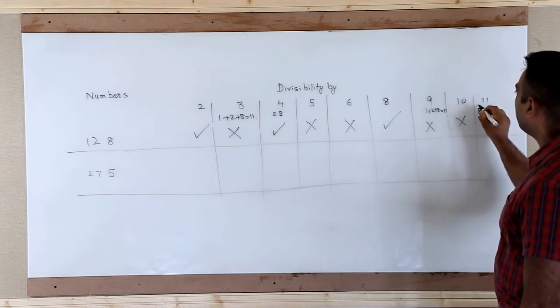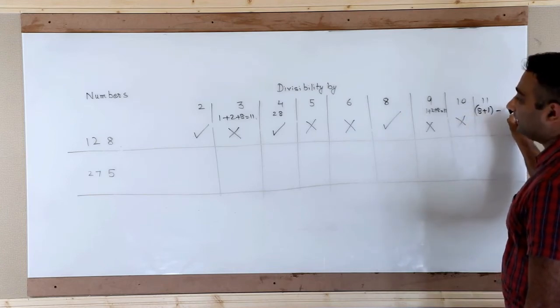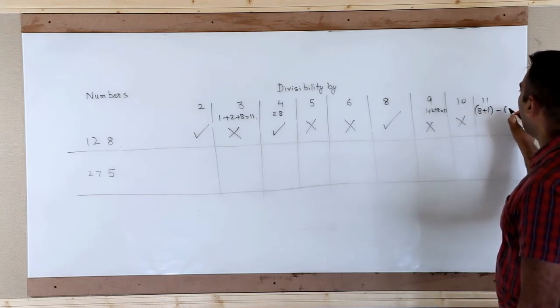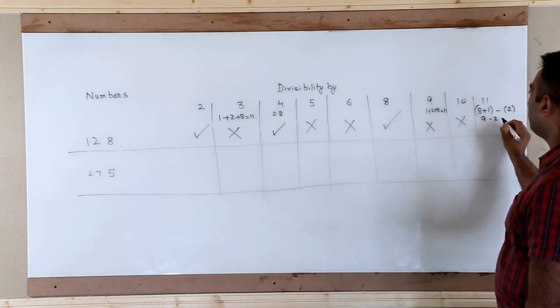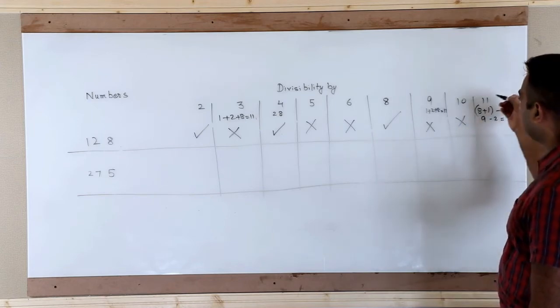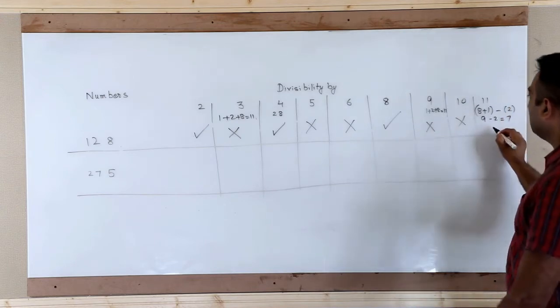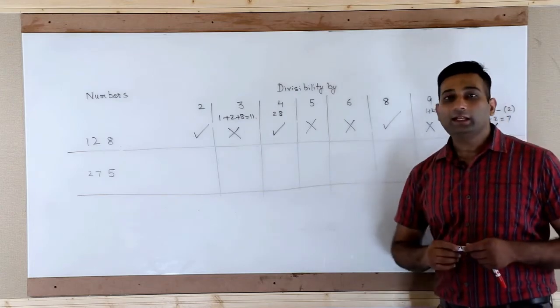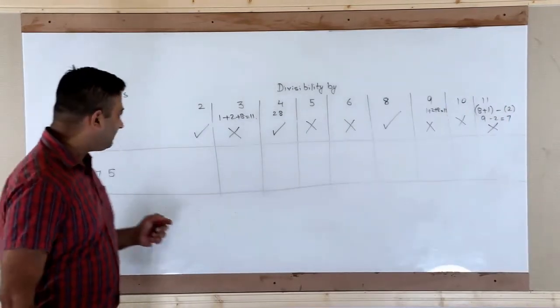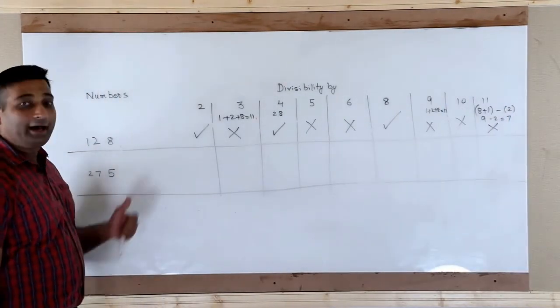So 8 plus 1 minus the number from the right at even place, which is only 2. So 8 plus 1 is 9 minus 2, which is equal to 7, which is not divisible by 11. Hence, the number 128 is also not divisible by 11.